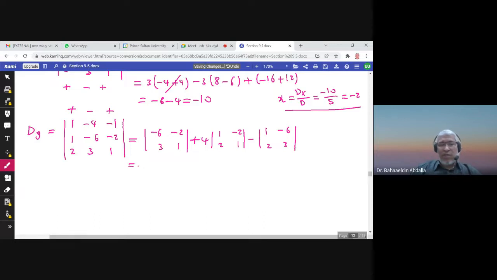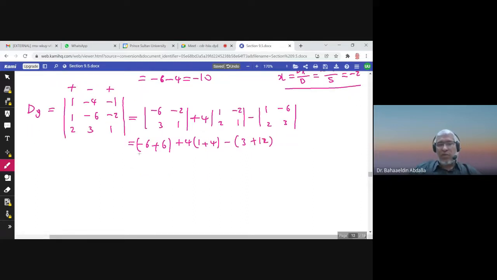Negative 6 minus negative 6, so it's positive 6, so that's 0. 1 minus negative 4, so it's positive 4. 1 times 3, negative, negative 12 or positive 12.